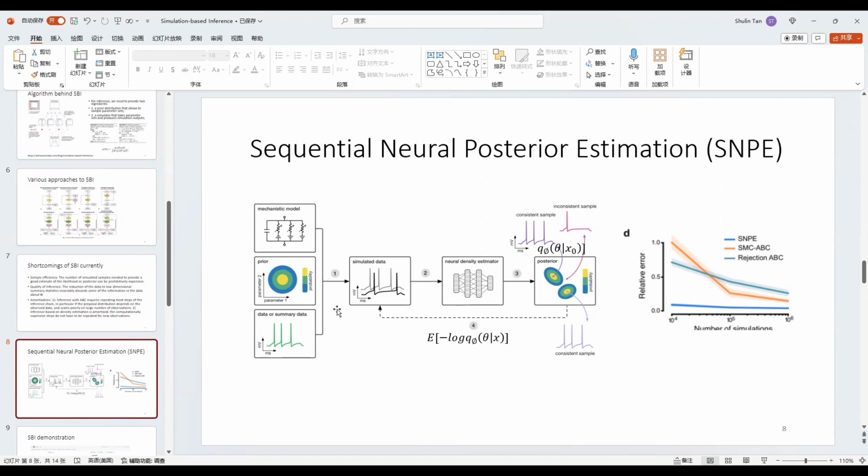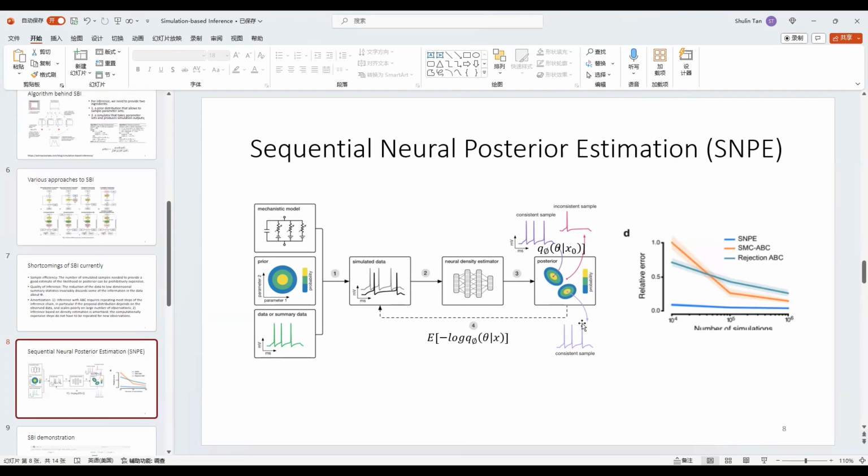Rather than just saving samples of my distribution of X given theta, after they take samples they try to estimate my observation given the parameter, and they train a neural network so that we can have an estimation of how my parameters will change with the given observation.